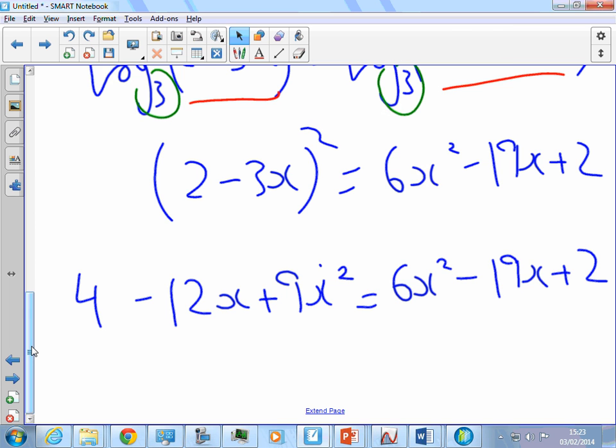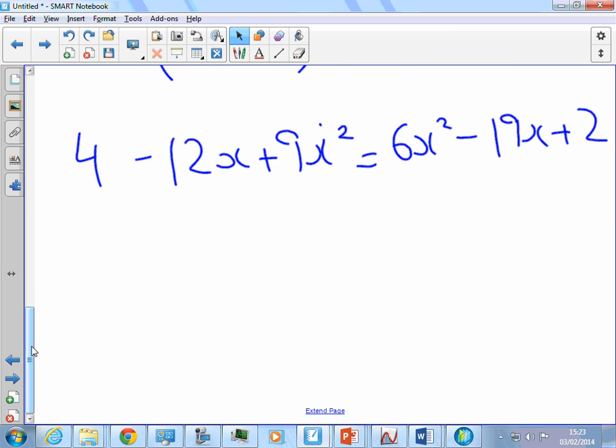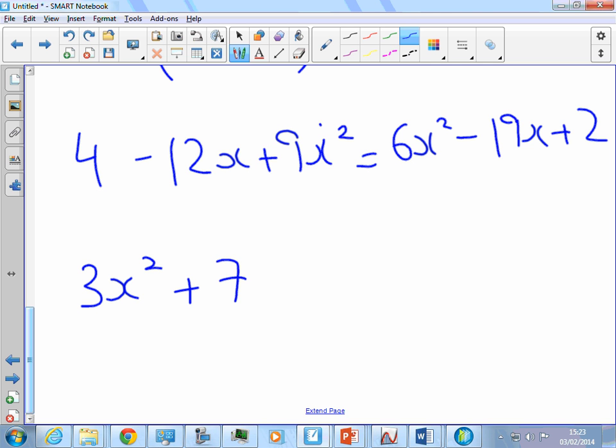I take everything to the left hand side to make the coefficient of x squared positive. I have 3x squared plus 7x plus 2. Is that right? 7x plus 7x. And I have here plus 2 to the left hand side.